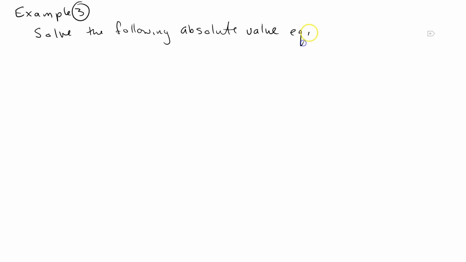Example 3. Solve the following absolute value equation, A, algebraically, and B, graphically.